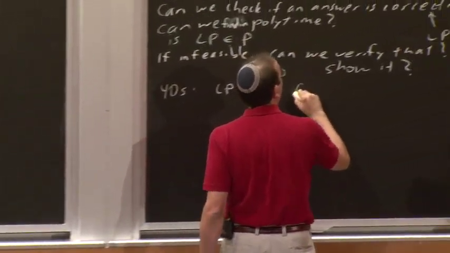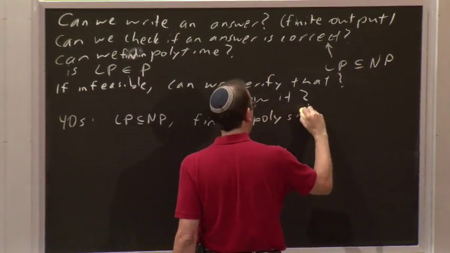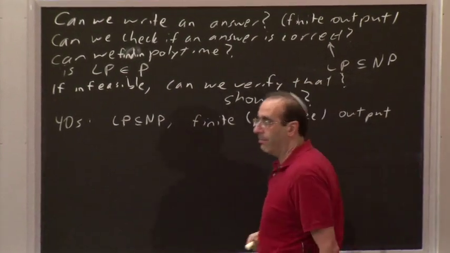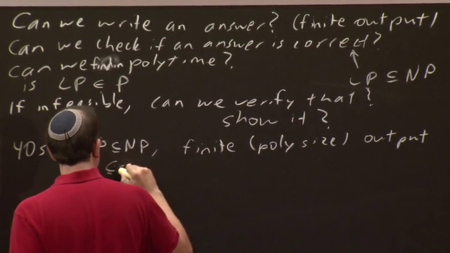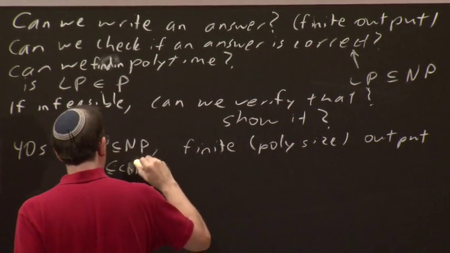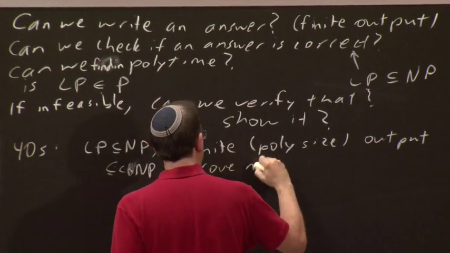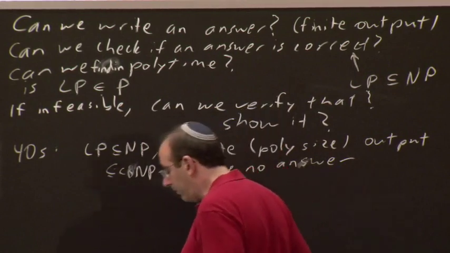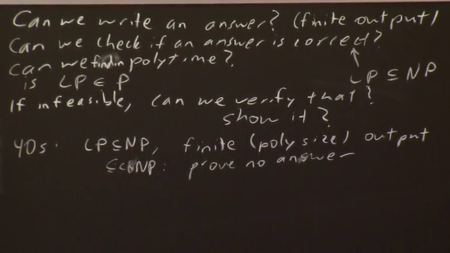There is a finite output, and in fact, a polynomial size output answer for the problem. They also showed that it's in co-NP, which is to say that you can prove that there is no answer. You can prove infeasibility. Also, the proof takes polynomial space.